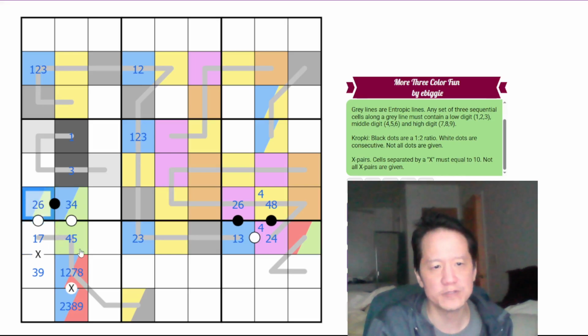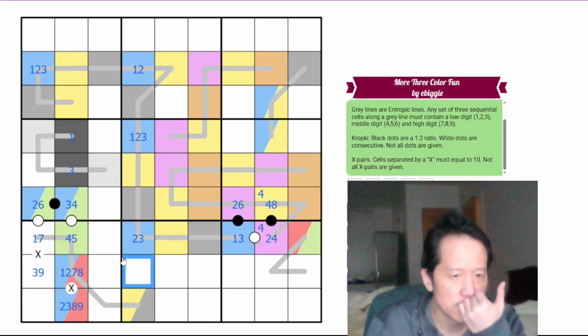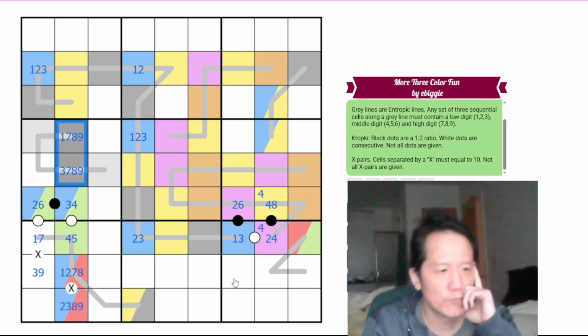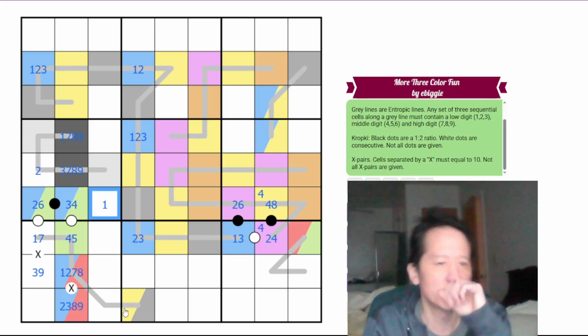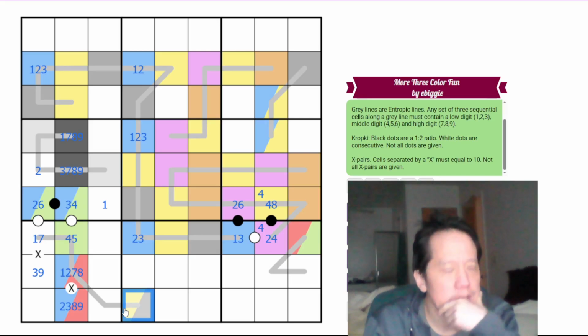And this would have to be 6. So this would be 7, 8, or 9 here. Or this could be 2 and 1 here. We're not sure. They all kind of work.